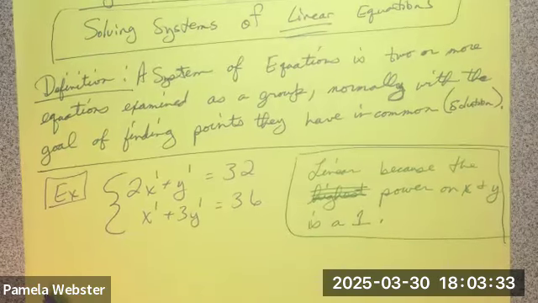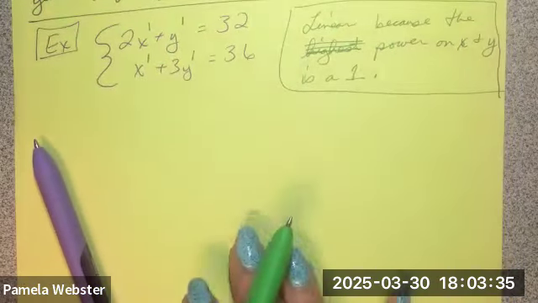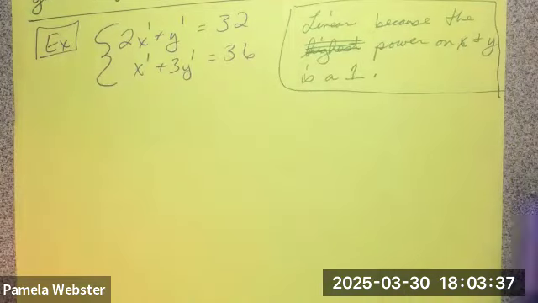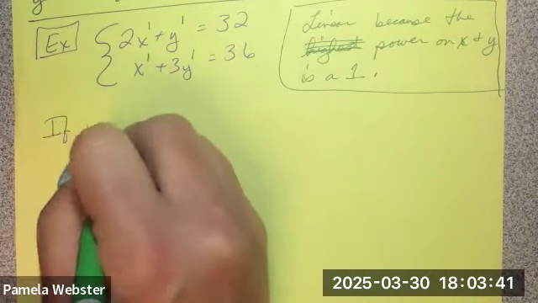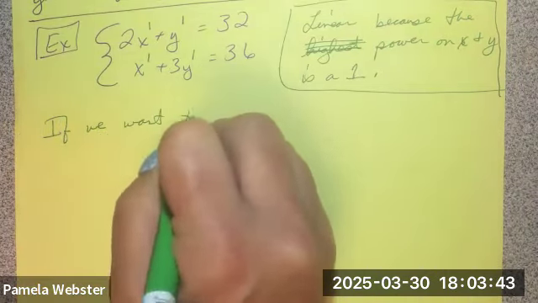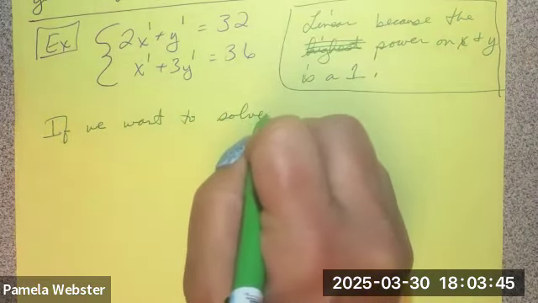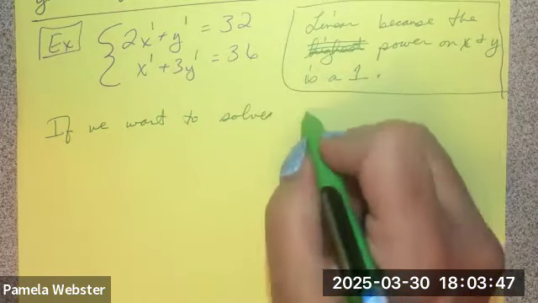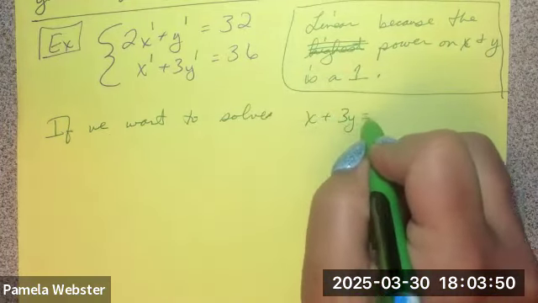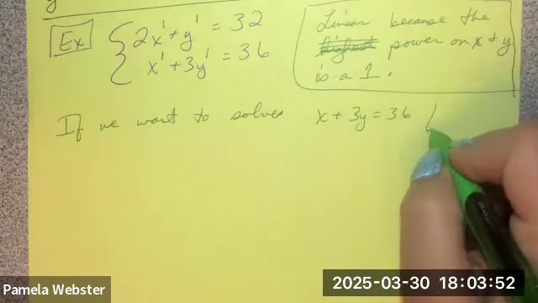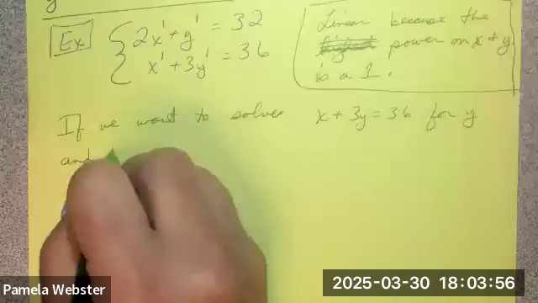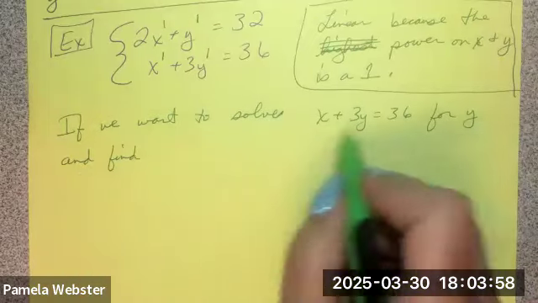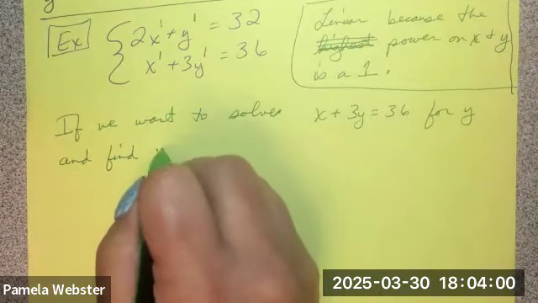Now, in the past, what we would have done is say, if we want to solve, and I'm just going to pick the second one, x plus 3y equals 36 for y, and then find solutions for this would be x-intercepts.